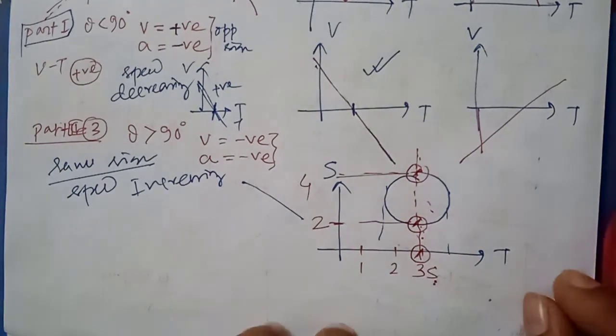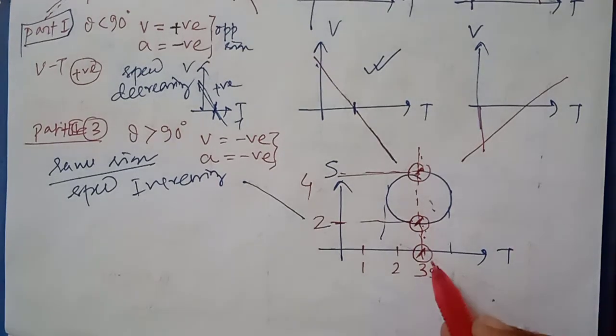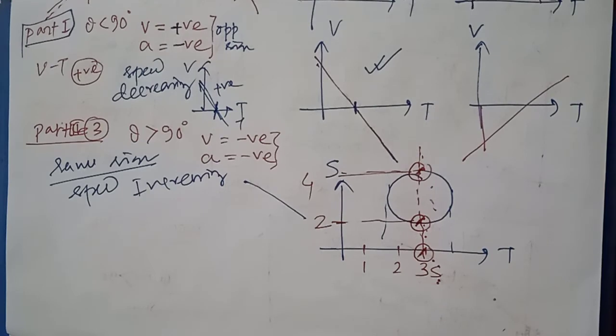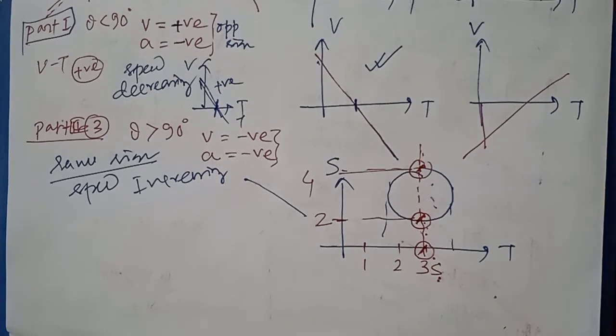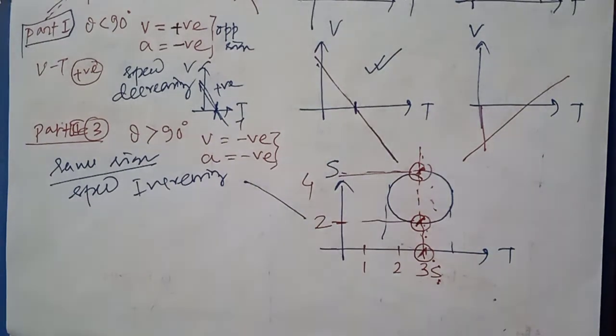Not possible. So this type of graph is not possible, where at the same time the object exists in two positions. Students, please prepare this graph for your exam. Okay, thank you for watching.